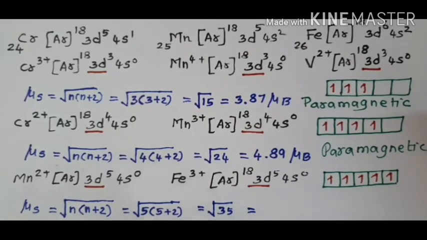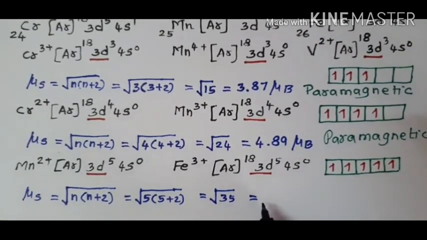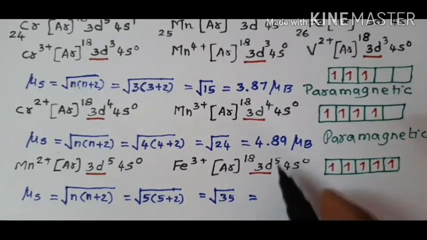Root 35. The number of unpaired electrons is 5, therefore the answer starts with 5.